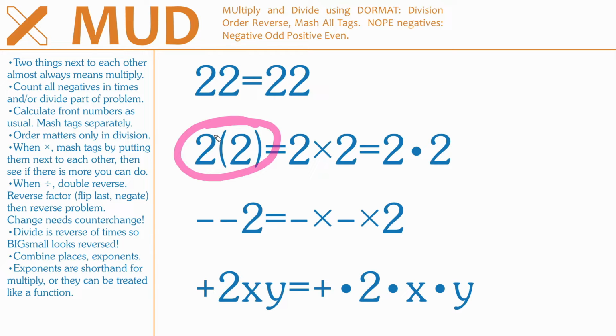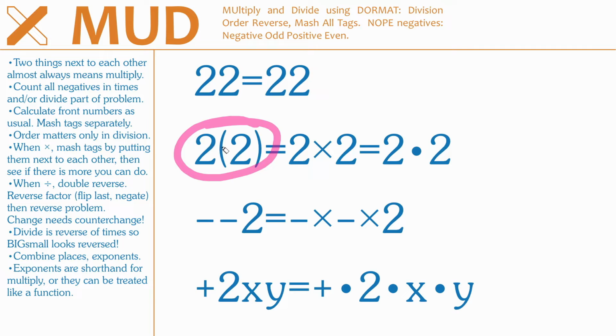Instead of always laboriously writing out a times sign or a dot, because that might also get in the way of the beauty of the notation in some people's minds, well, we can use parentheses. There's others, but you don't have to worry about them till later on. Brackets, braces, so forth, but let's just look at parentheses.